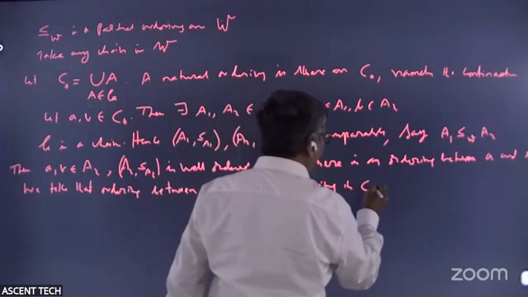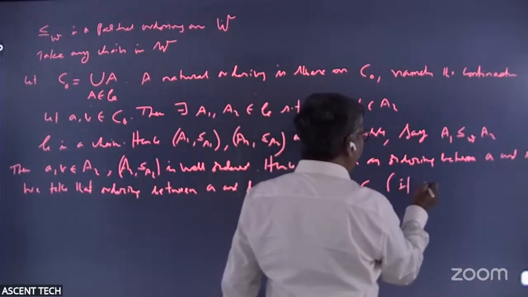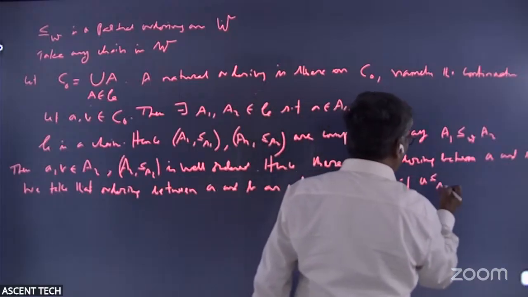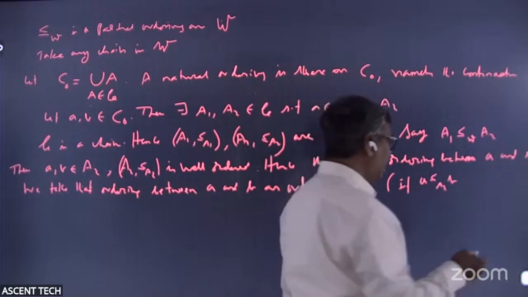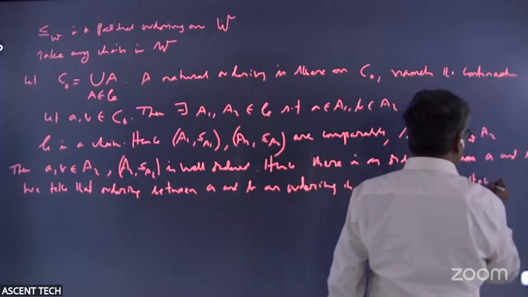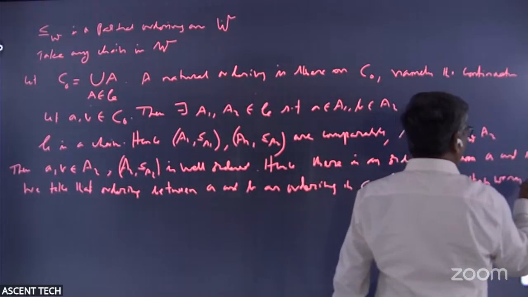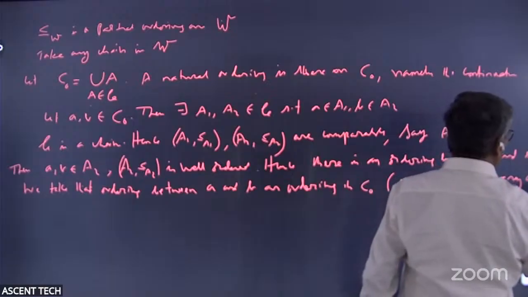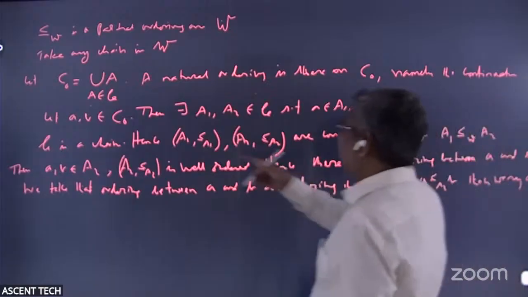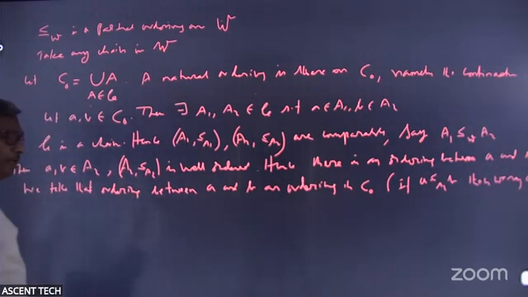So what I'm saying is that if a is less than or equal to b in A2, then we say a is less than or equal to b according to C naught. That is the ordering I have in C naught.